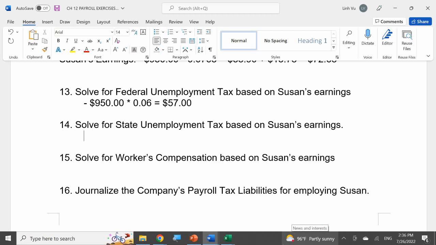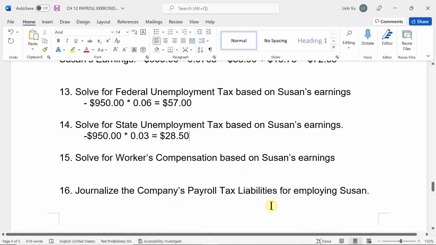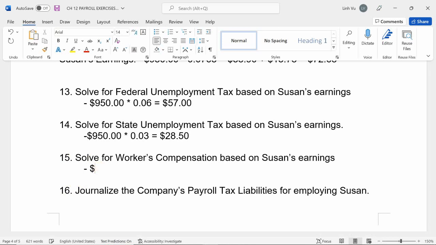She earned a total of $950. What is SUTA? 3%, which is going to give you $28.50. Last but not least, we need to solve for workers' compensation based on Susan's earnings. What is workers' compensation? $12.92.